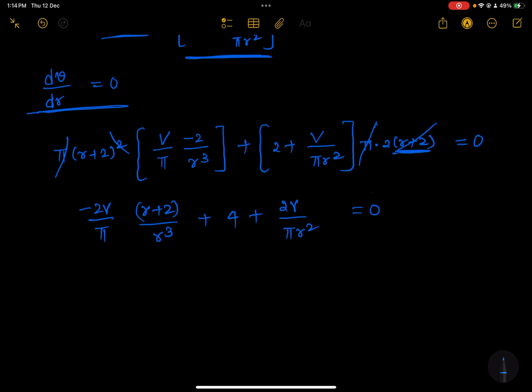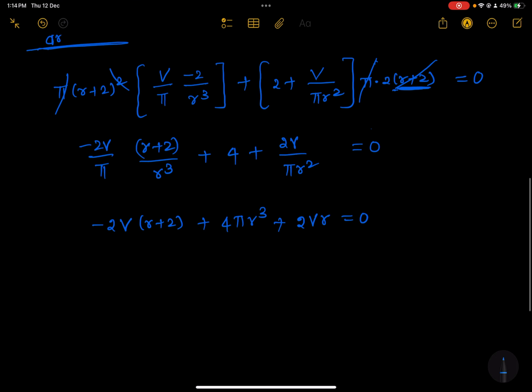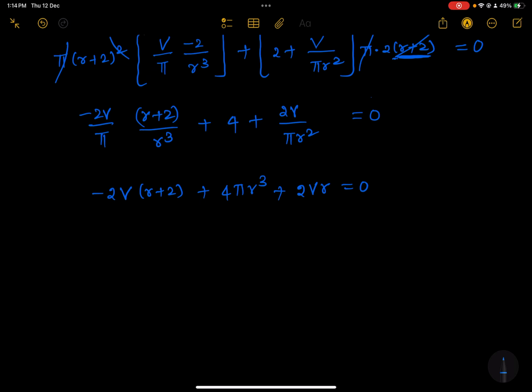And now let us take LCM. Pi r cube will be the LCM. So minus 2V into r plus 2, plus 4 pi r cube, plus 2V r, is equal to 0. It is given in the question that when r is equal to 10 mm, this is minimum.